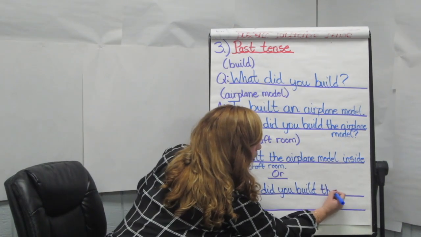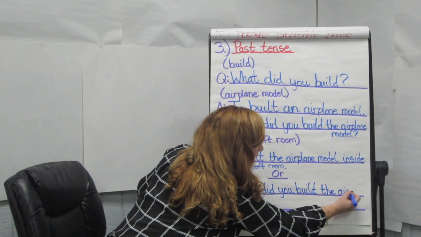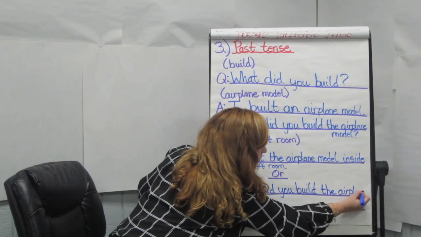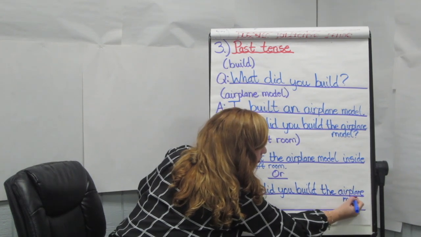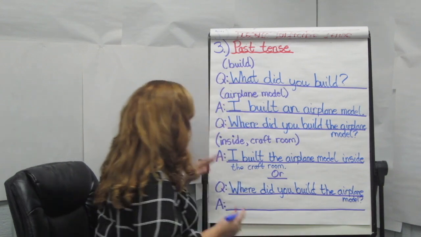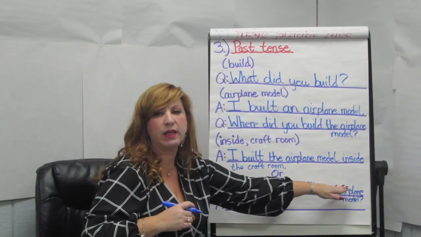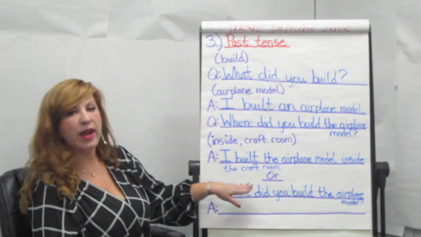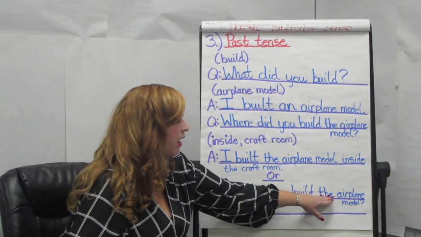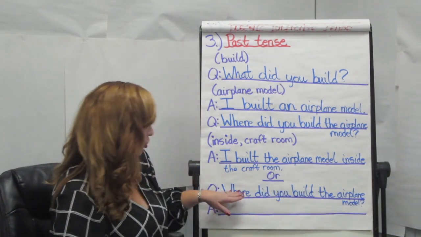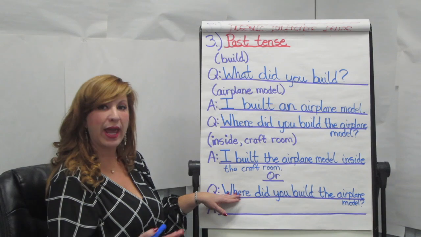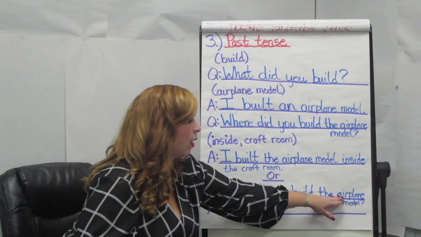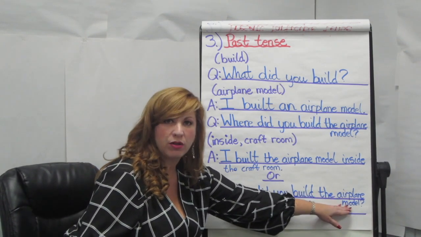And that is my what? The airplane model. So again, where did you build the airplane model? So where is asking the location, and the what would be the airplane model.